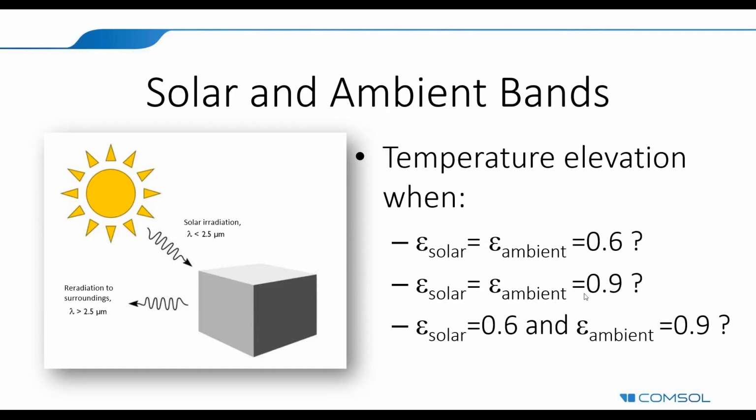Then the same thing when all the surface emissivity are equal to 0.9, and then we'll use the solar and ambient spectral band model and take values that are actually closer to the reality for concrete. So a surface emissivity of 0.6 for the solar band and 0.9 for the ambient band.